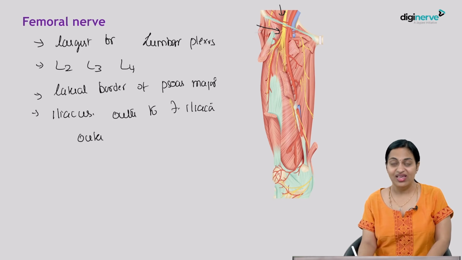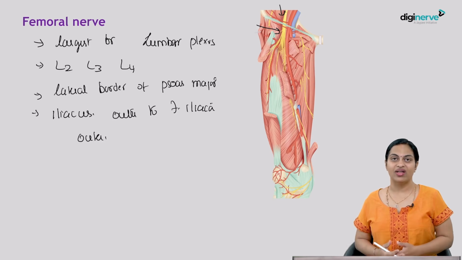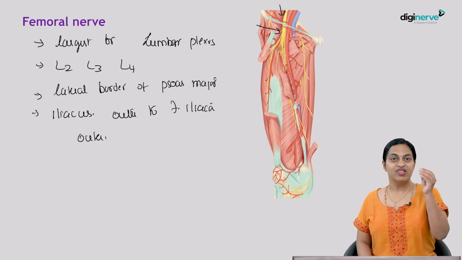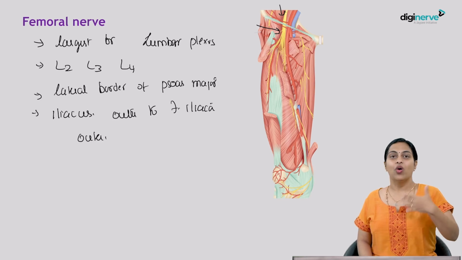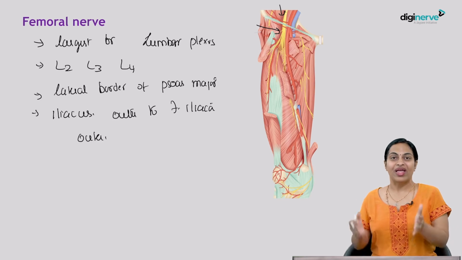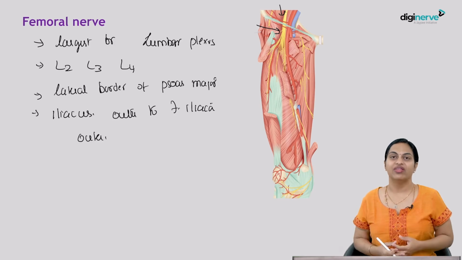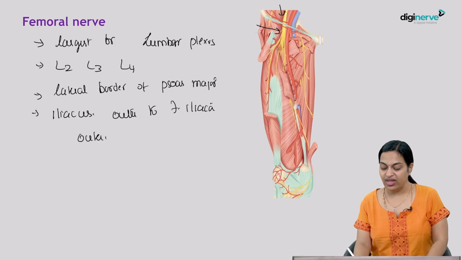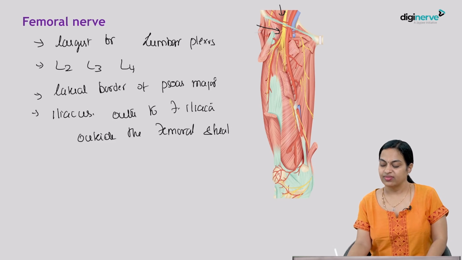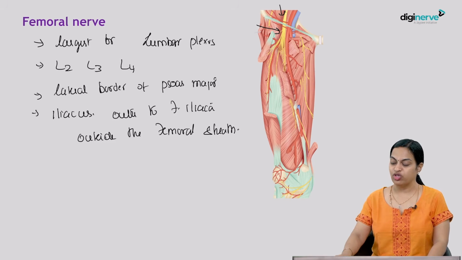We will be learning soon that the fascia iliaca forms the posterior wall of the femoral sheath. Since the femoral nerve lies over the iliacus, outside the fascia iliaca, it is not included within the femoral sheath. It comes to lie outside the femoral sheath. It's not covered by the femoral sheath, okay?